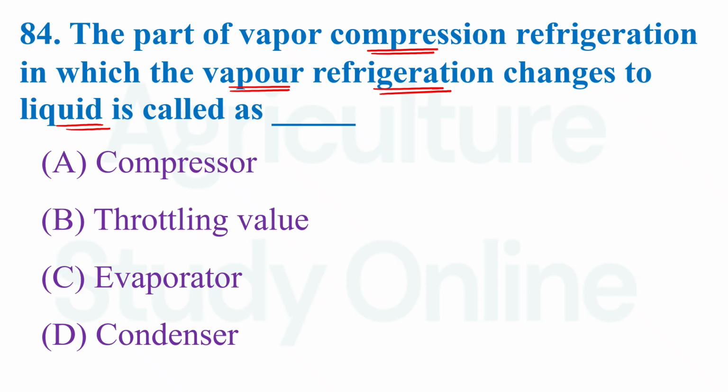So in this, no condensation will take place. Evaporator, so liquid to vapor, means it will absorb the heat. So it's an opposite process. Whereas the condenser, so it is a vapor to liquid process, means it is releasing the heat to the surrounding. So correct option should be option number D, that is condenser. Means in condensers, vapor condenses into liquid. So heat is rejected at this stage.